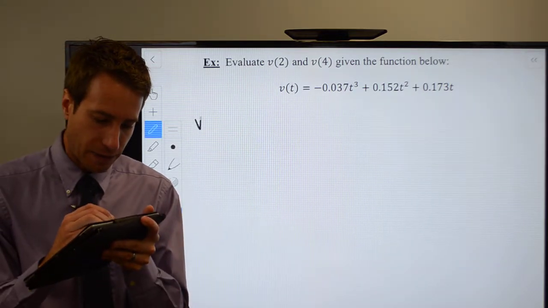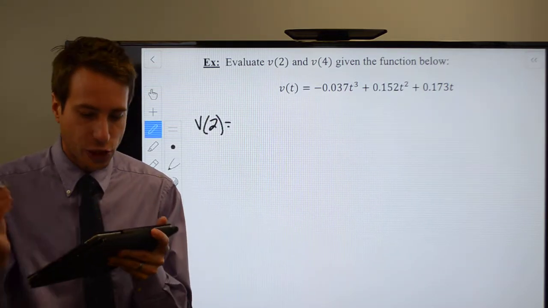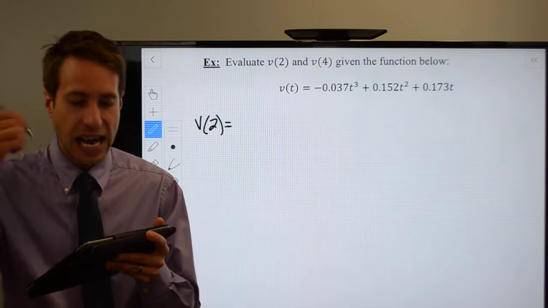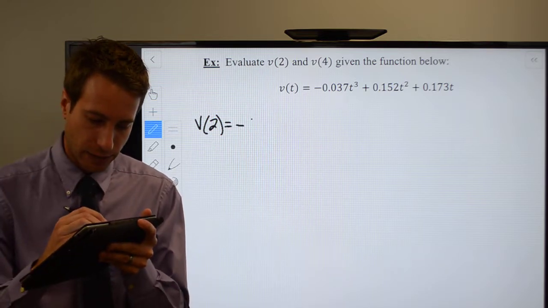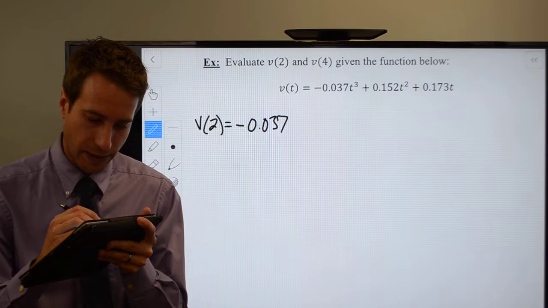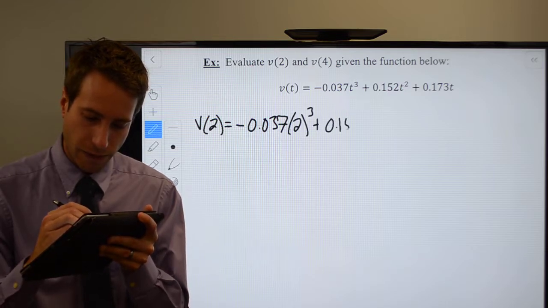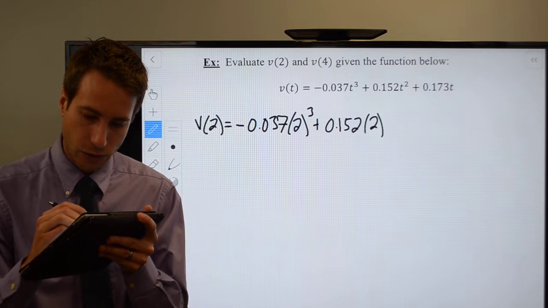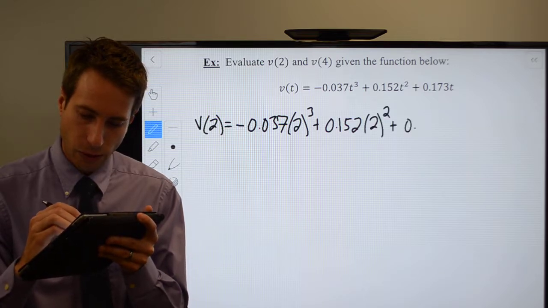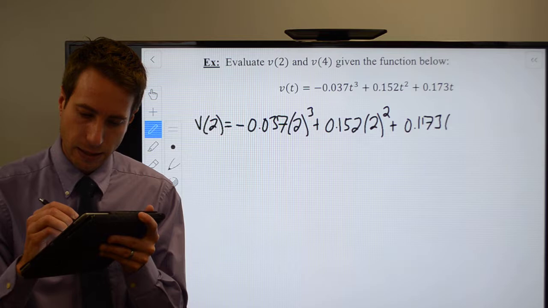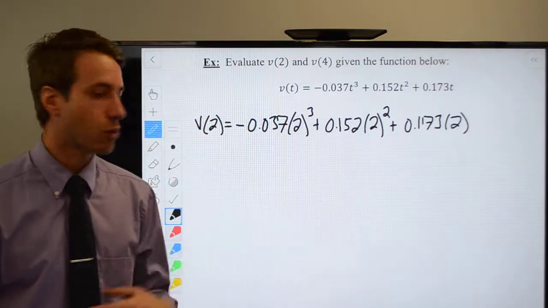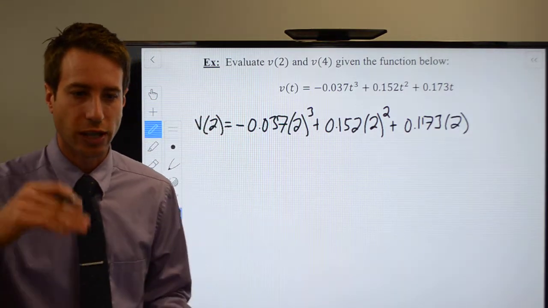First, I'm going to find v of 2, which means everywhere I have a t, I'm going to plug in a 2. So negative 0.037 times 2 cubed, 0.152 times 2 squared, and 0.173 times 2. Again, I got decimals running around all over the place, so I actually already did these.